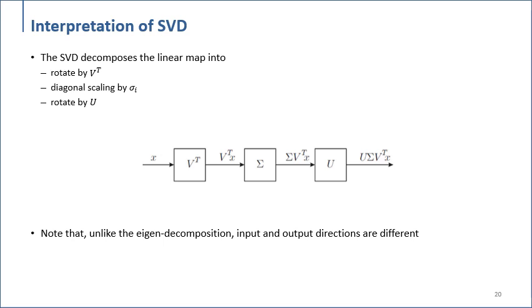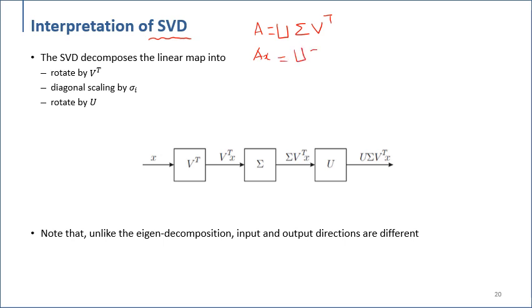Then how can you interpret the meaning of the SVD in a mathematical way? As we learned, in the SVD, the A matrix can be decomposed like U times sigma times V transpose. And we know that when we multiply a vector by a matrix, it can be understood as a linear mapping.